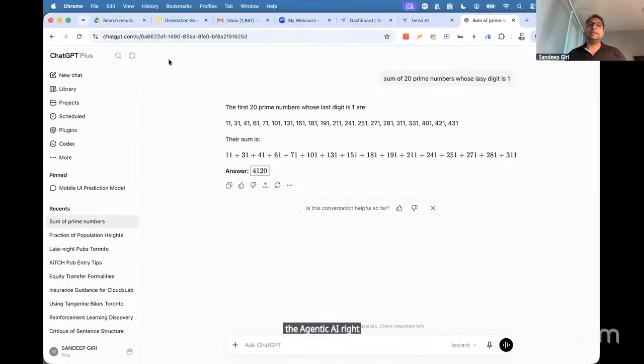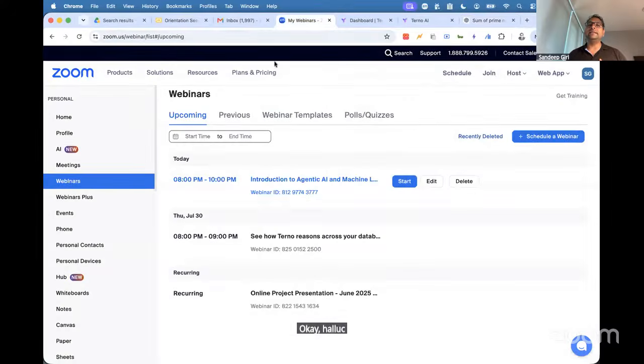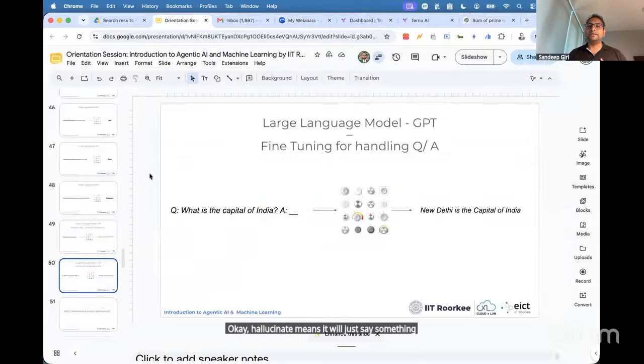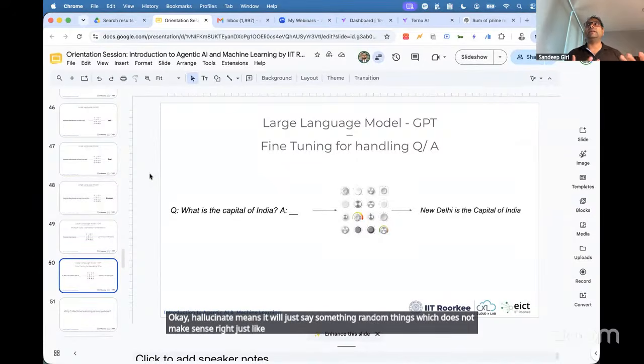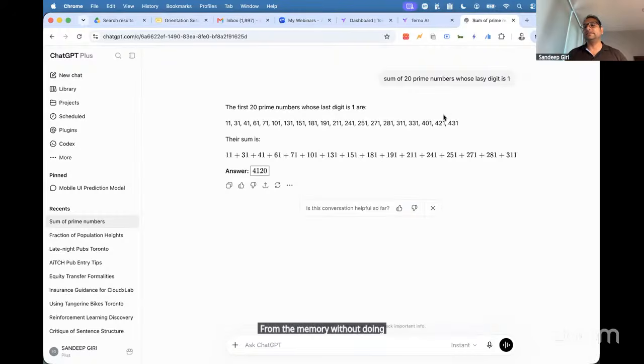If some tool doesn't use agentic AI underneath, it's going to hallucinate, and it's going to hallucinate really bad. Hallucinate means it will just say some random things which do not make sense, right? Just like if I ask you some question and you are forced to answer from memory without doing the maths, you will just hallucinate.